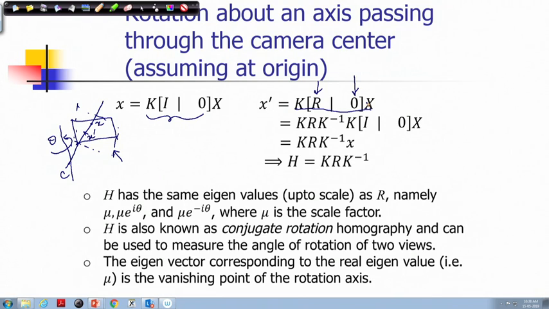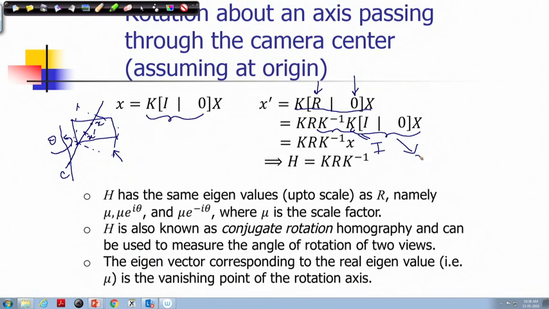If I consider that, I can simplify this. I can equivalently write it as K R K inverse K, because K inverse K is nothing but the identity matrix. So, I can write this, and as we know, K I 0 is the projection matrix of the first camera.